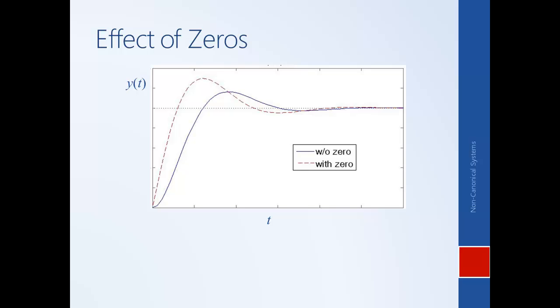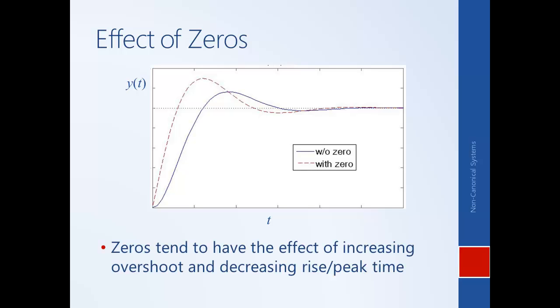And you can see how it has a higher peak, it reaches its peak sooner, and in essence has more oscillation. So zeros in general tend to have the effect of increasing overshoot and decreasing rise time and peak time. The response is faster, but oscillates more.